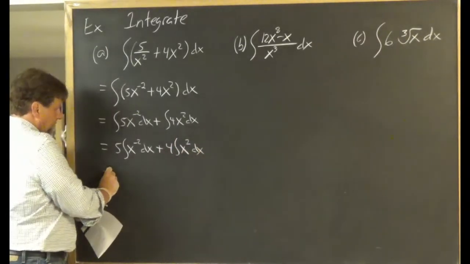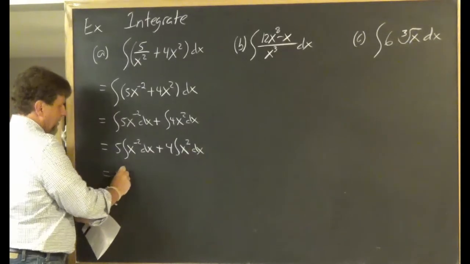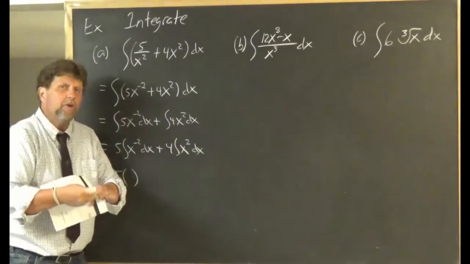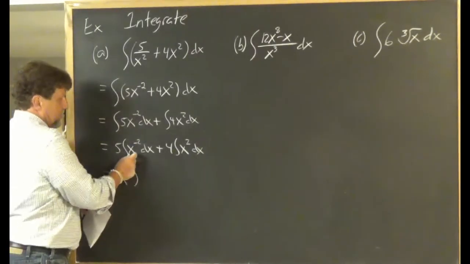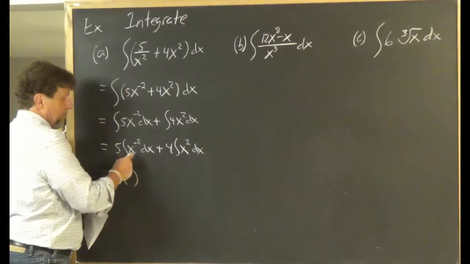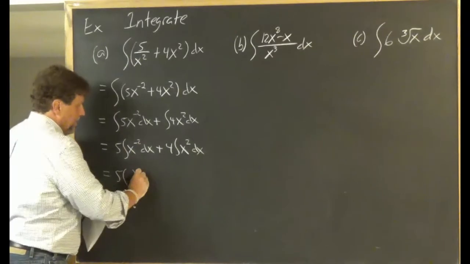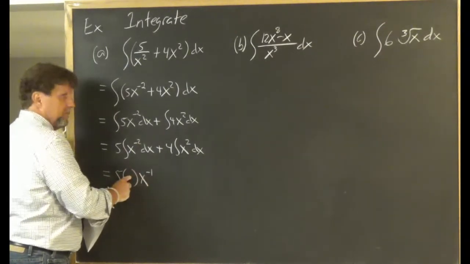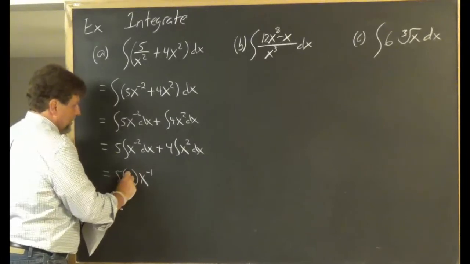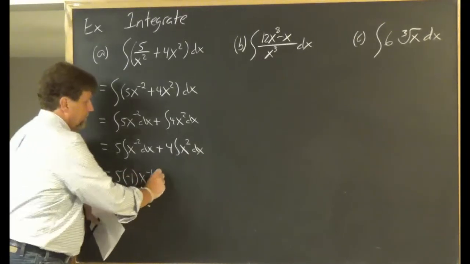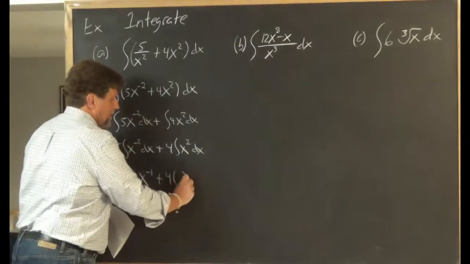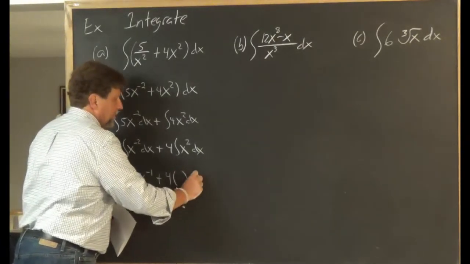Okay, now I use the power rule, so I have a 5, and I'm going to leave a little space here for the reciprocal of my new exponent. When I use the power rule, remember, I add 1 to the exponent. The reciprocal of the new exponent, well, the reciprocal of negative 1 is just negative 1. Plus 4, and I leave a little space for the reciprocal of the new exponent.